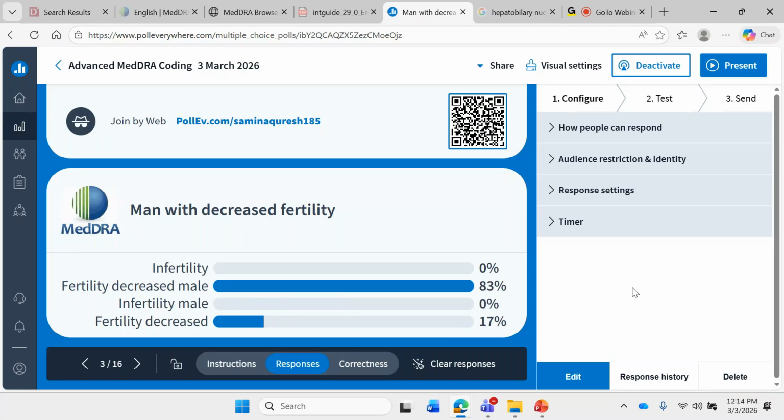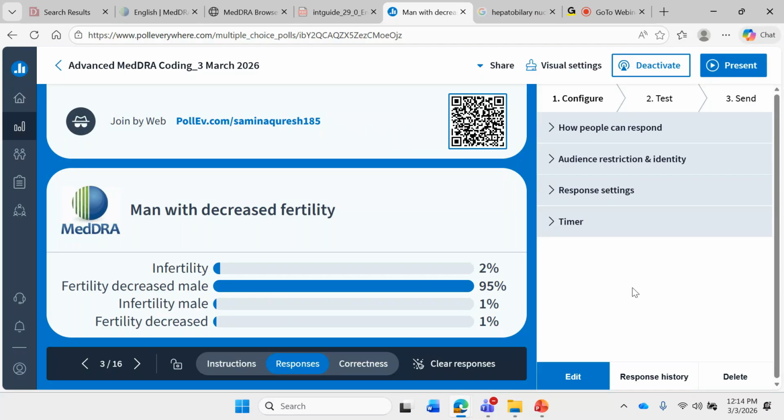Man with decreased fertility. Okay, so I think we are having a very smart class, or I'm doing an excellent job teaching, or people are already well versed with MedDRA principles. The majority of my class, 95%, got fertility decreased male correct.